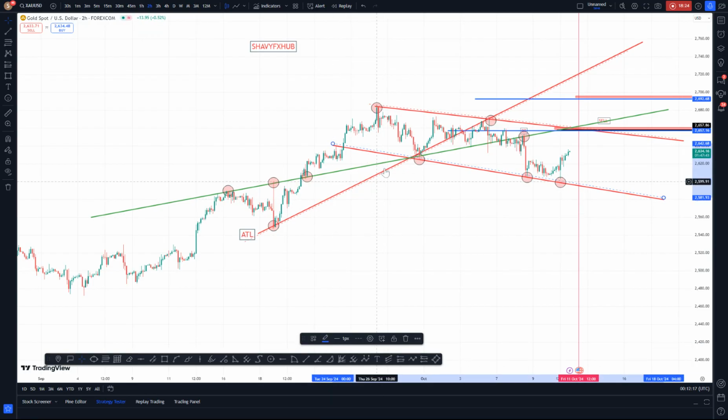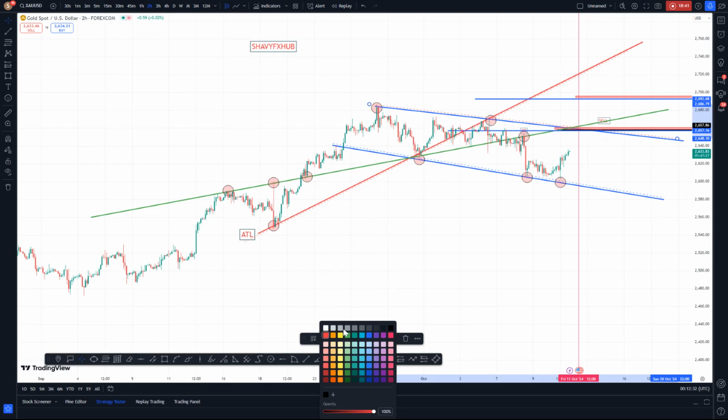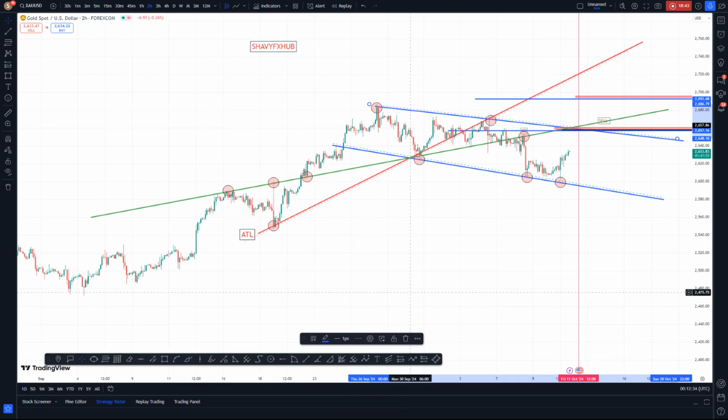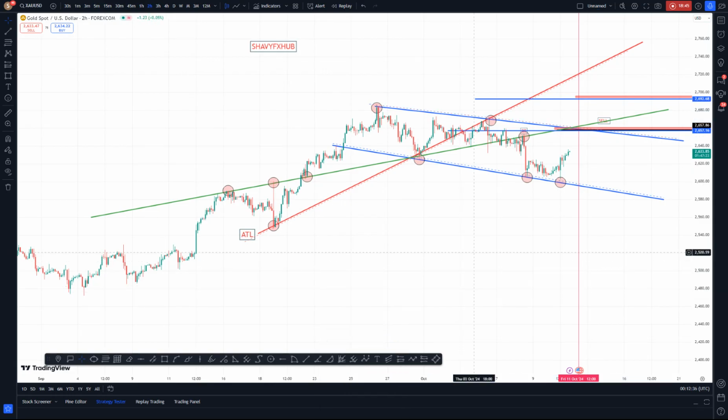I would like to label it blue. Color is very important when it comes to keeping buyers active. So we like to put it blue. So we see how price behaves when it returns to the blue zone.